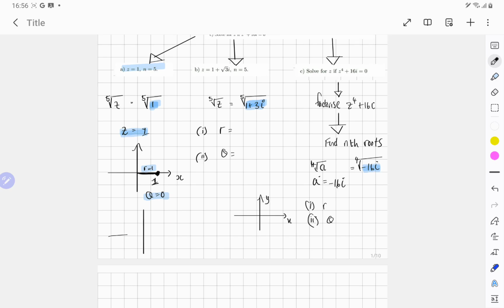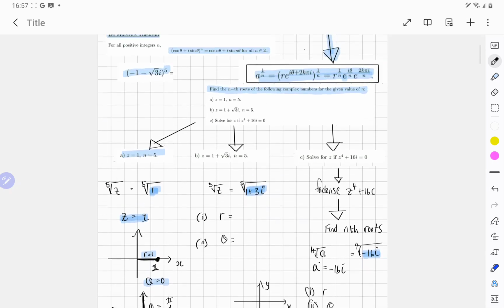So just to recap, always remember on the positive x-axis, we have theta 0. Positive y-axis, we have theta pi over 2. Negative x-axis, theta pi, and negative y-axis, theta 3 pi over 2.